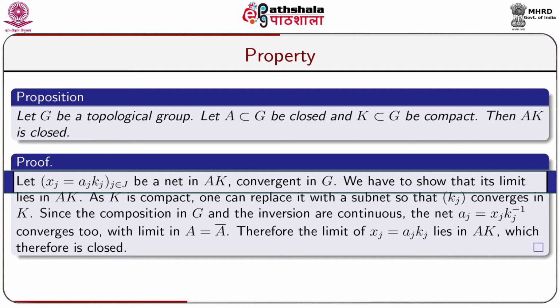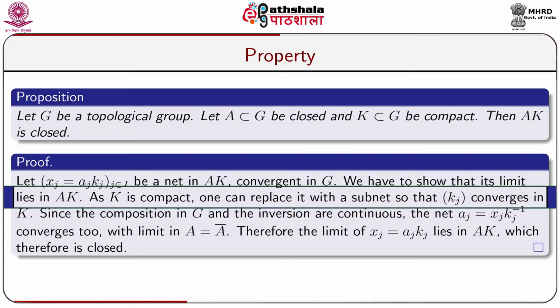So, the net can be expressed as a_j k_j, where a_j belong to A and k_j belong to K, and j runs over a directed set J. Now, let us consider that this net is convergent in G. We have to show that the limit of this net also belongs to the product AK.